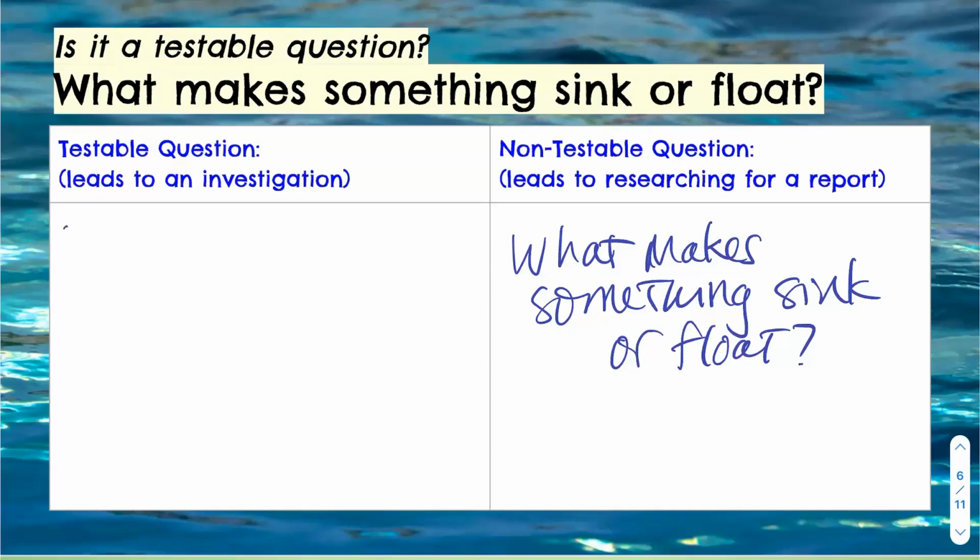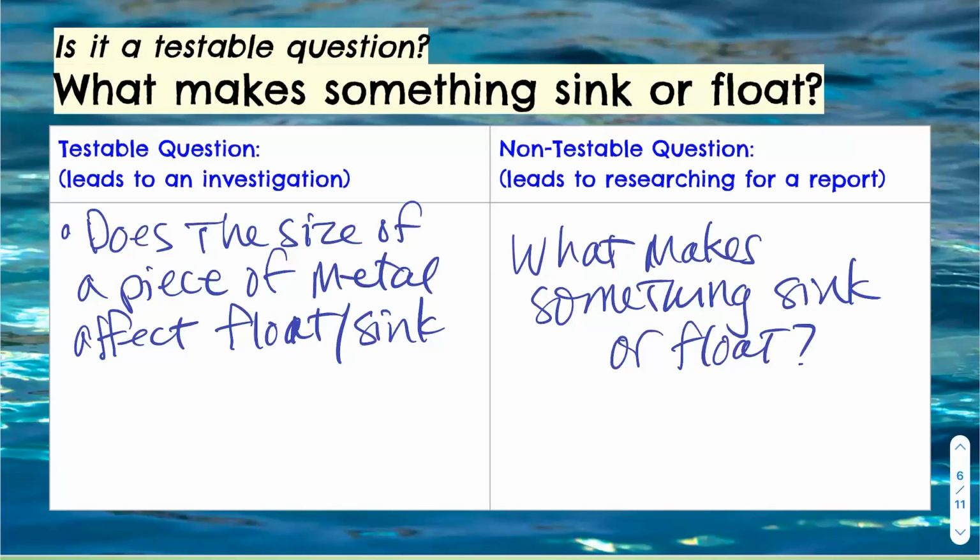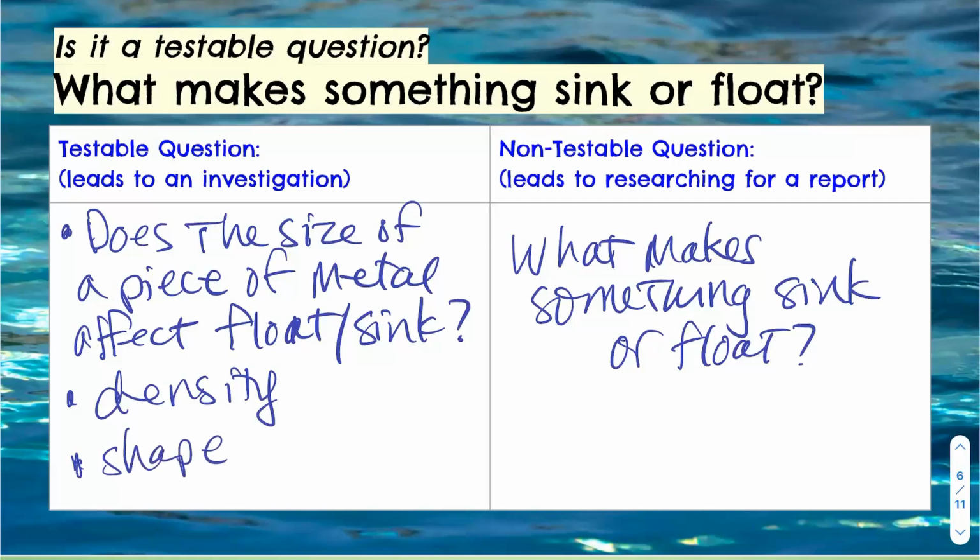How about, does the size of a piece of metal affect if something floats or not? Does the density of a piece of metal? Does the shape of a piece of metal? Again, we could go on and on. There are lots of ways to tweak the question to make it testable.